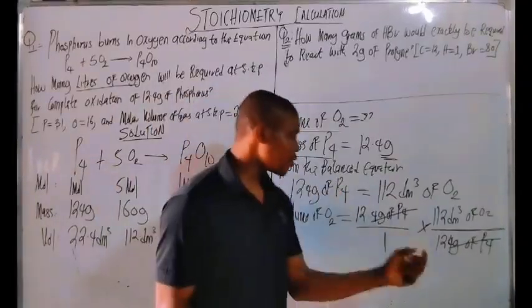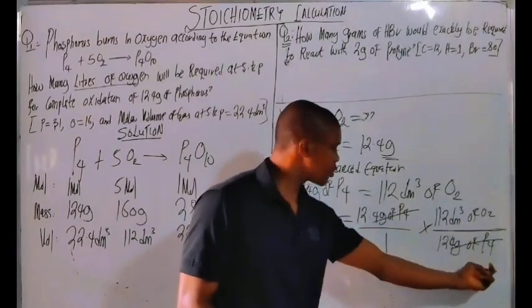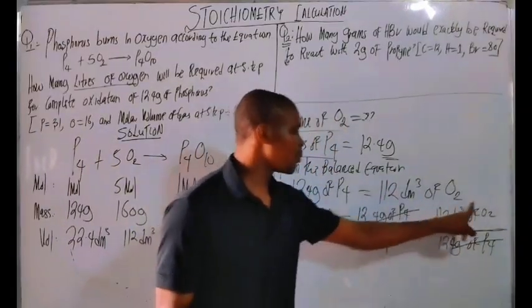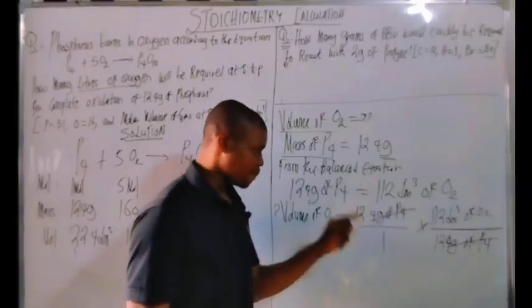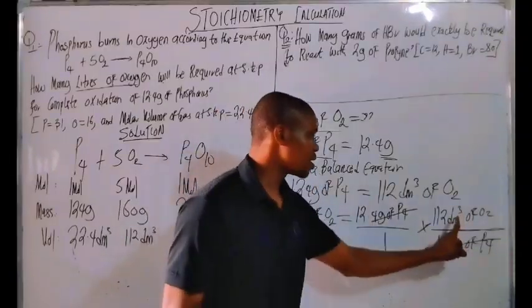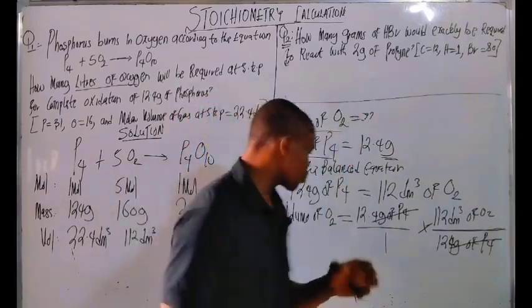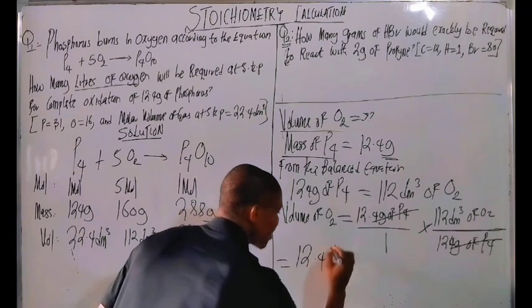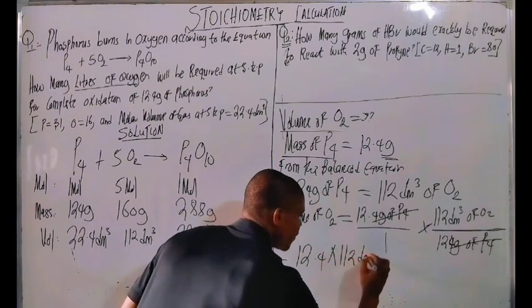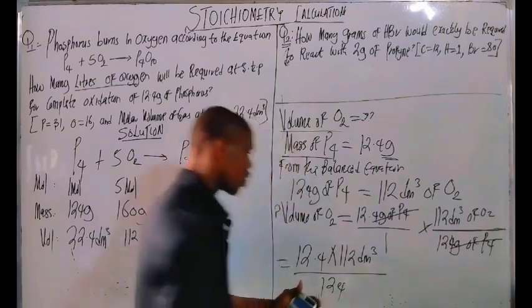The main reason why this is moved to the denominator is so that we eliminate this one here. What I am going to have left is dm cube of O2, which is what we are looking for. Hope you understand now. So it's going to be 12.4 times 112 dm cube over 124.